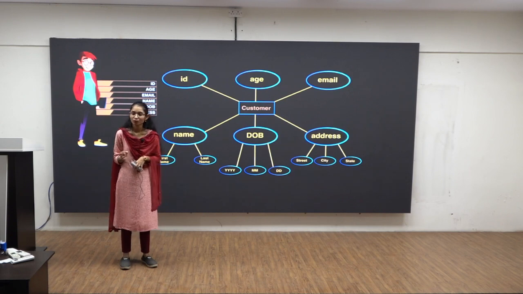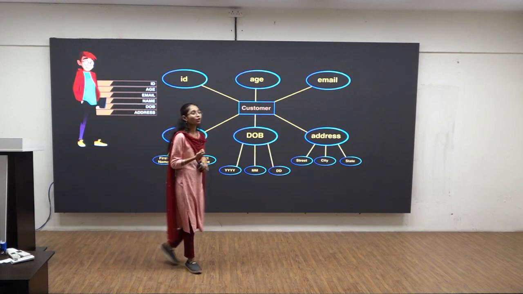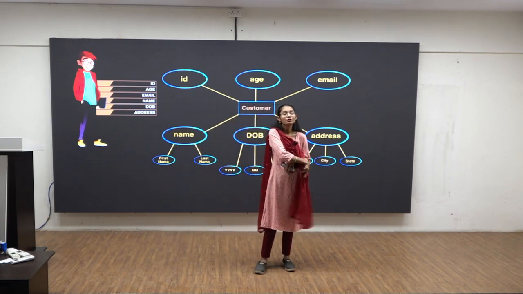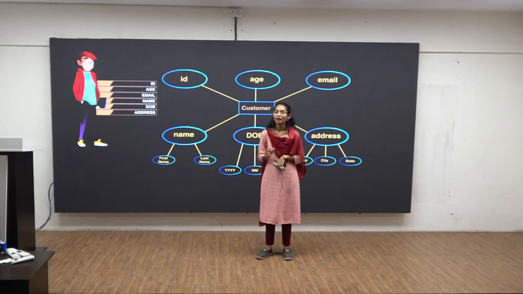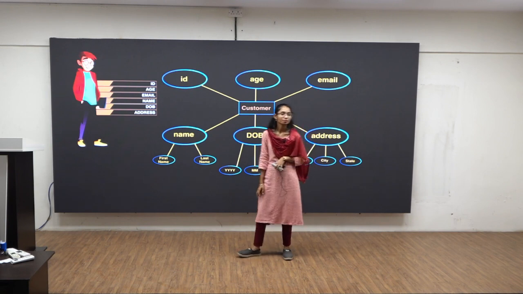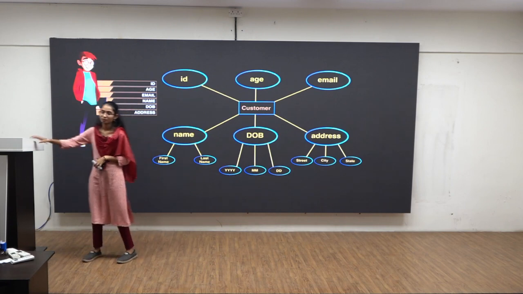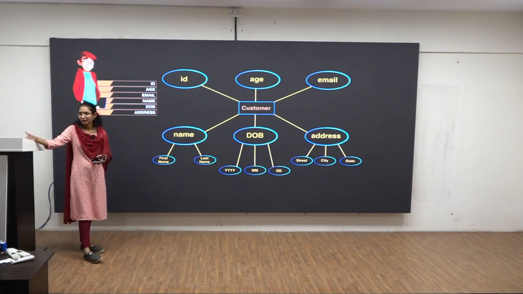Composite attributes. And attributes which cannot be divided further are called what? Simple attributes. And attributes which can be divided further are called what? Composite attributes. Example for simple attributes? Composite attributes? See, these are just examples.